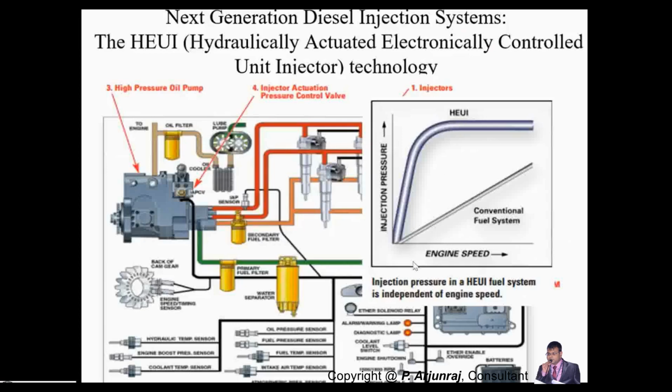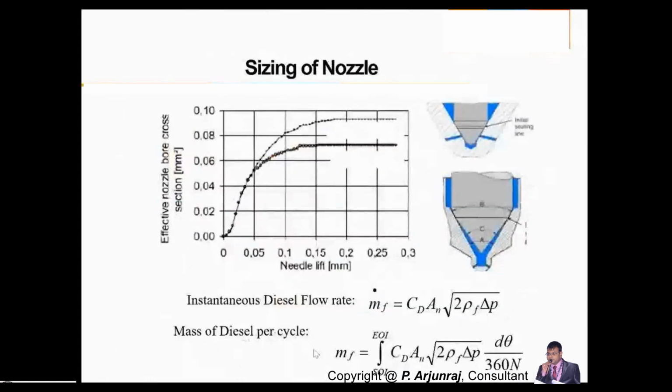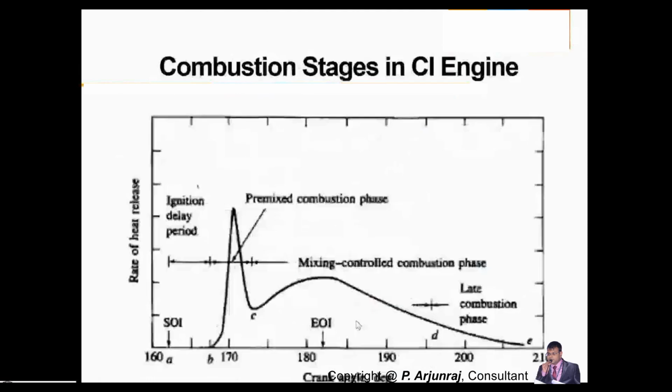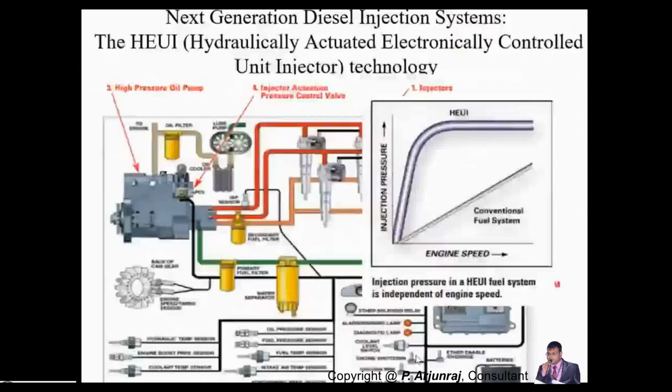Okay, the injection pressure is going to be higher than the normal fuel injection system what you have, which is also the phenomenon which is controlling the speed of the engine as well.